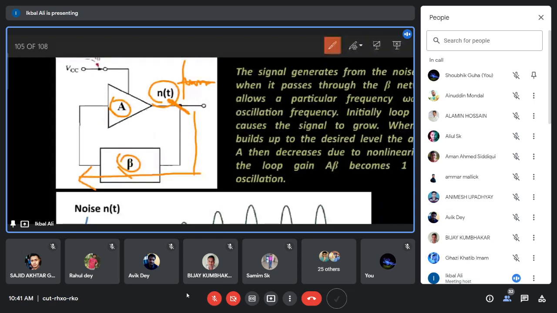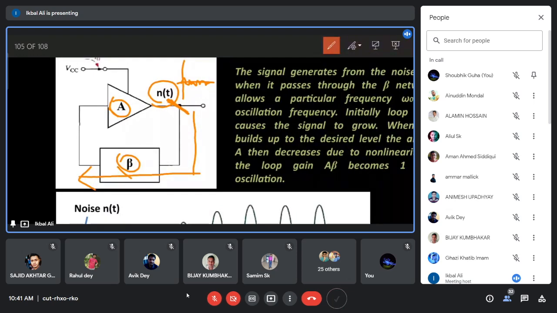Then when the noise signal travels through the beta network and comes to this point, what will be the noise signal there? It will be reduced further, because at the output of the beta network you will get only a fraction of the voltage here.